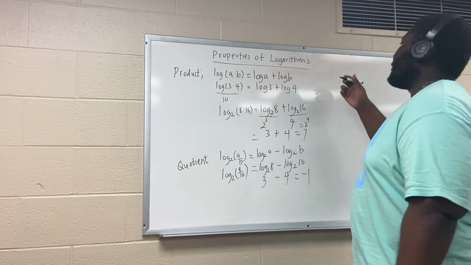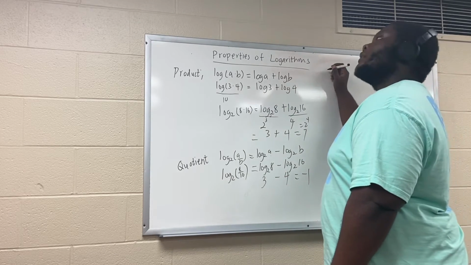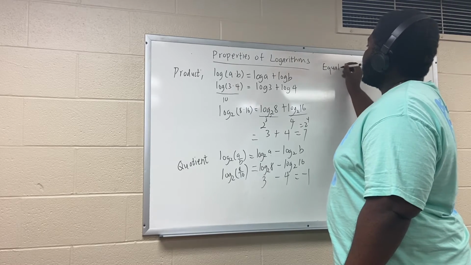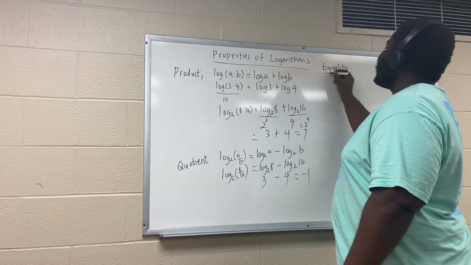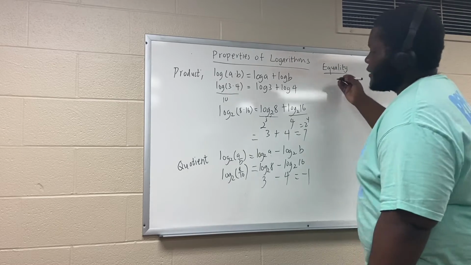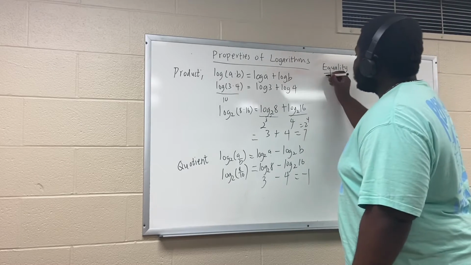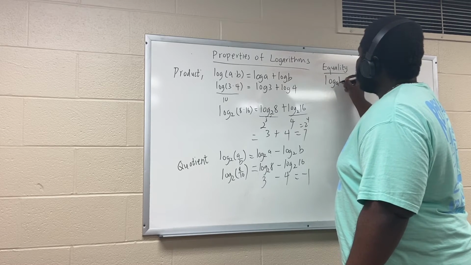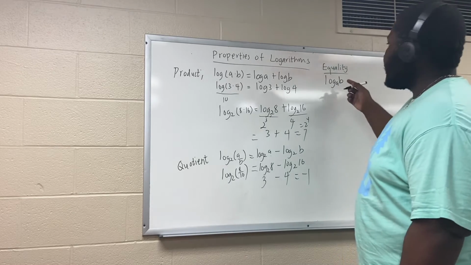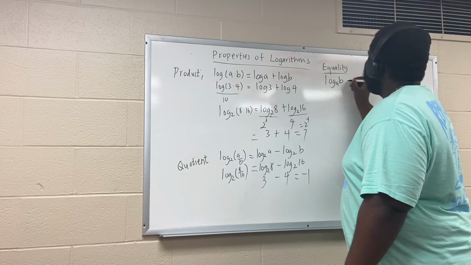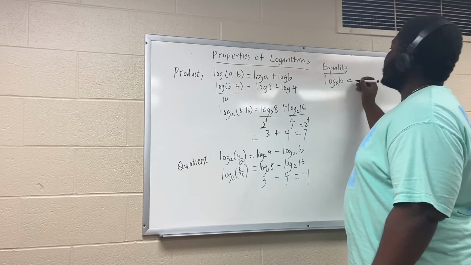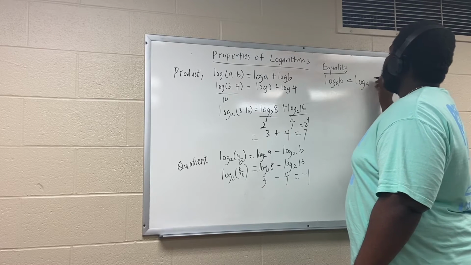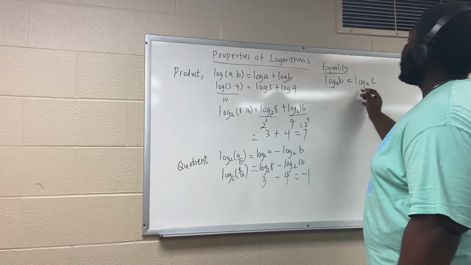All right, we can move on to another property, which we call the equality property. Basically, let's write the property and then I'll explain. If you have log base a of b, it is the same as log base a of c.